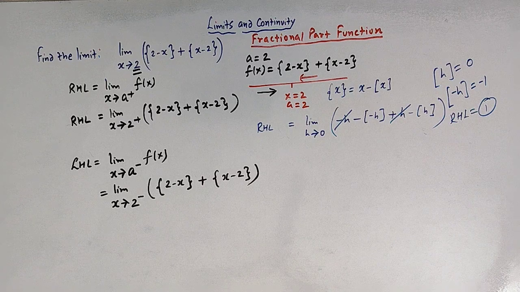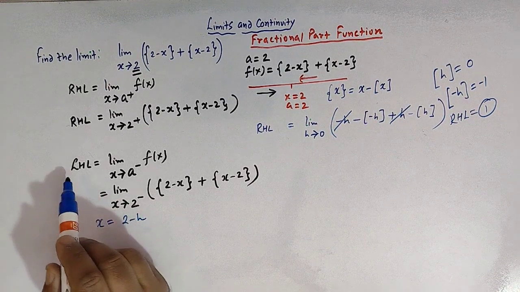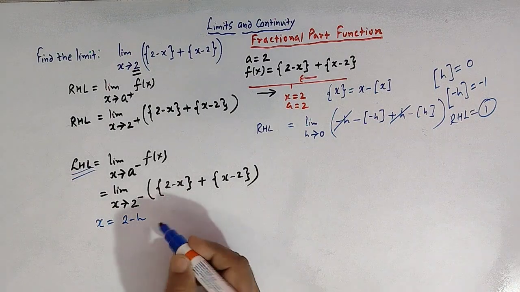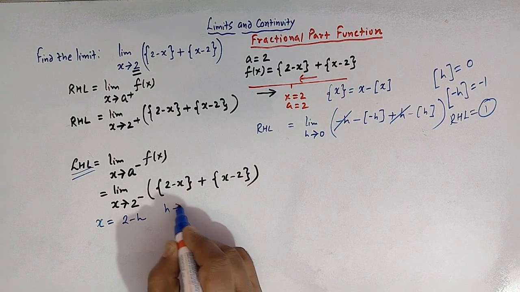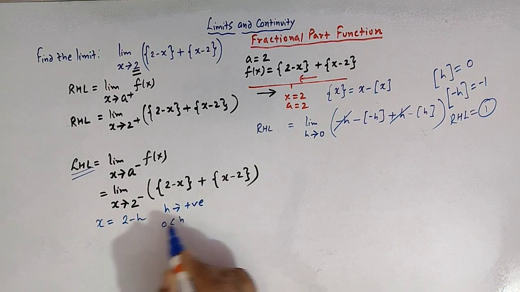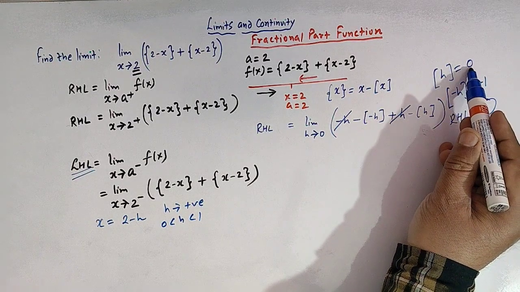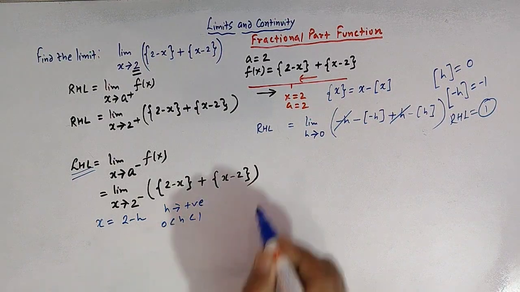Okay, so now to proceed further, what we will do, we'll take x is equal to 2 minus h, right? So for finding out the left hand limit, we'll take x is equal to 2 minus h, and the other conditions remain the same, that is h is positive and it is very small, and h lies between 0 and 1, and moreover the greatest integer of h is equal to 0 and greatest integer of minus h is equal to minus 1, right?